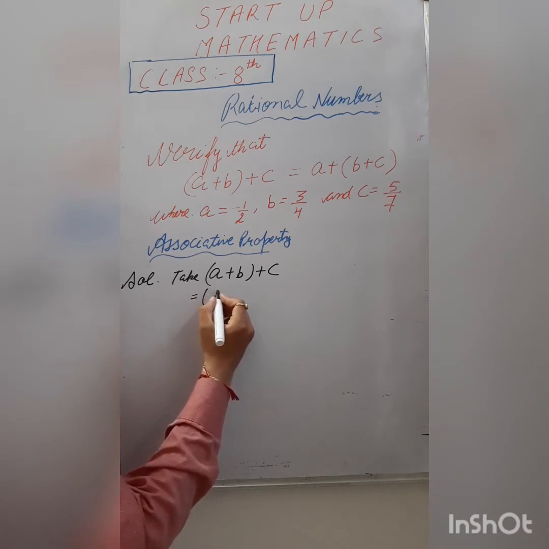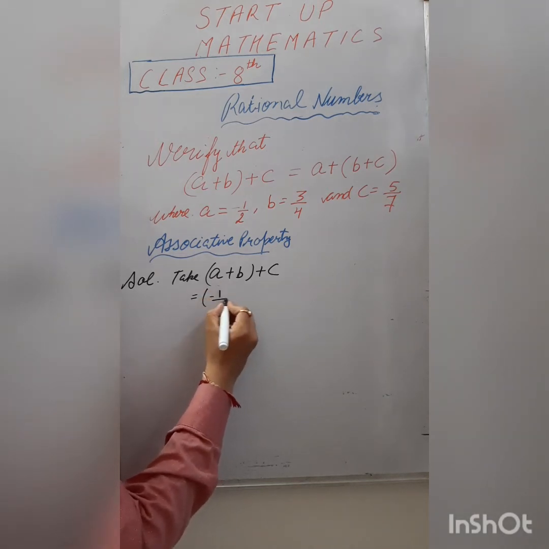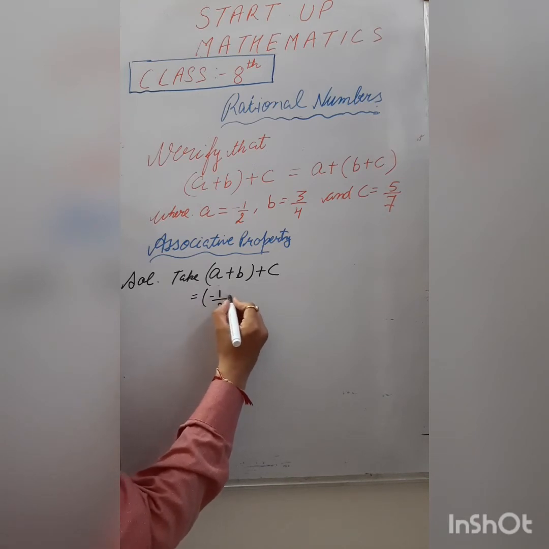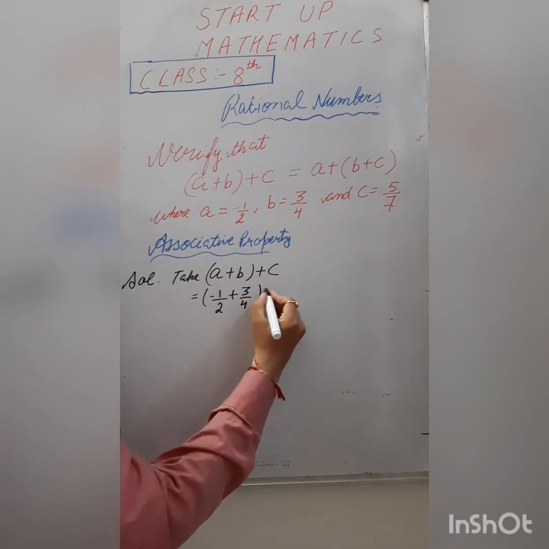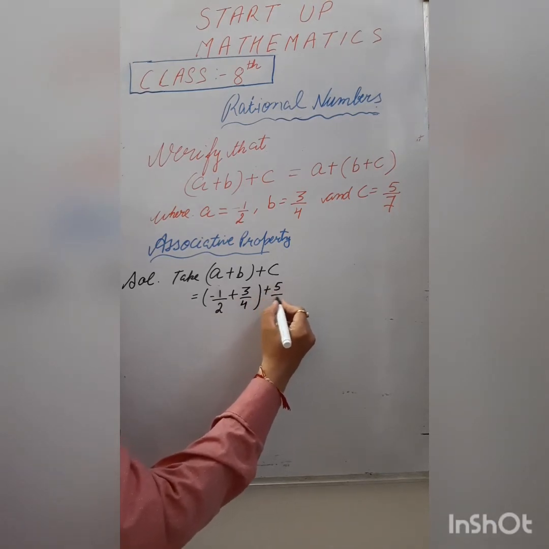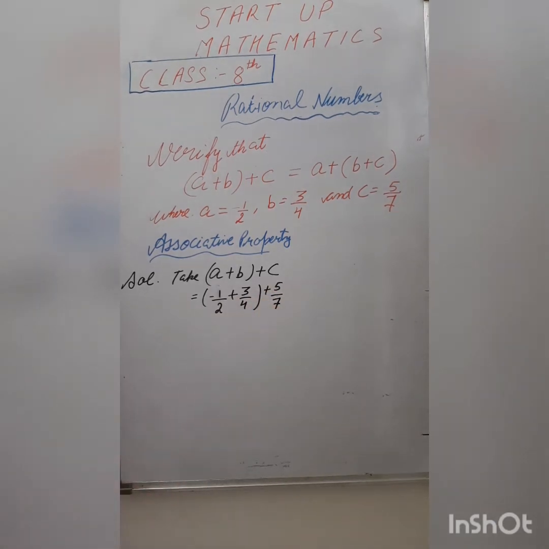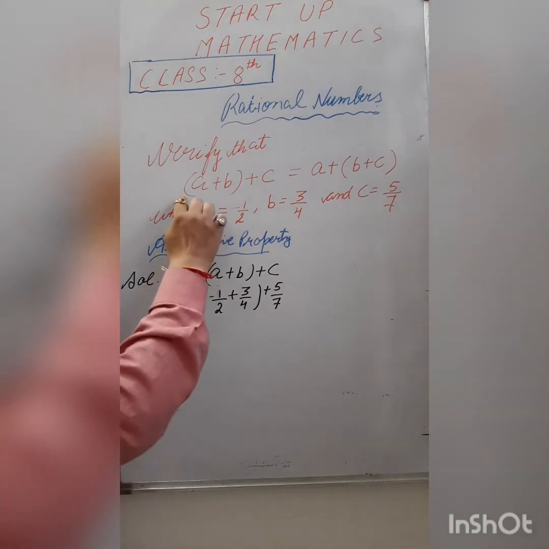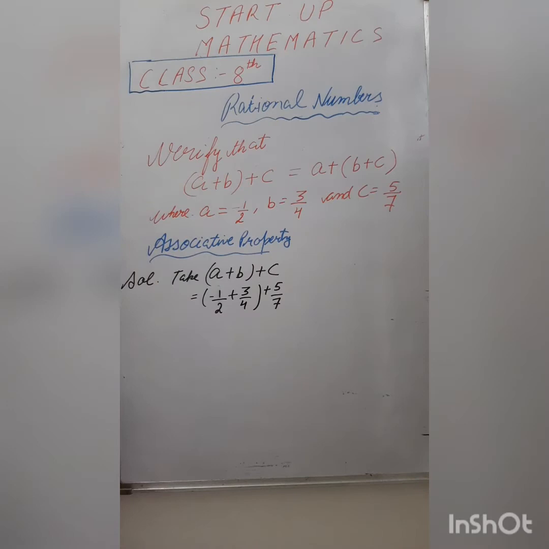A is minus 1 upon 2, plus the value of B, that is 3 upon 4, and the value of C, 5 upon 7.